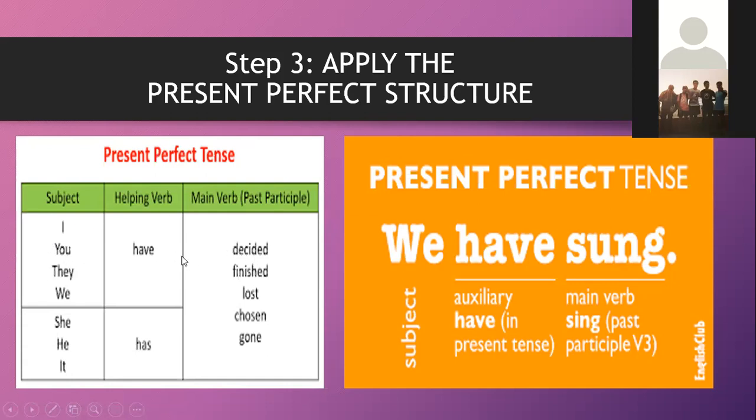Tú has decidido, you have decided. Nosotros hemos terminado, we have finished. Ella ha elegido, she has chosen. Él ha ido, he has gone. Nosotros hemos perdido, we have lost. ¿Cómo dirían? Ella ha decidido.